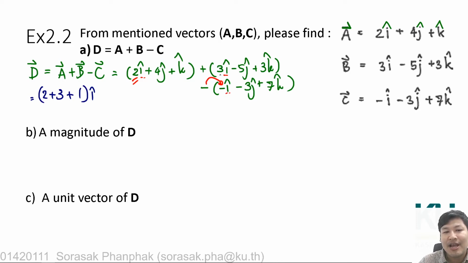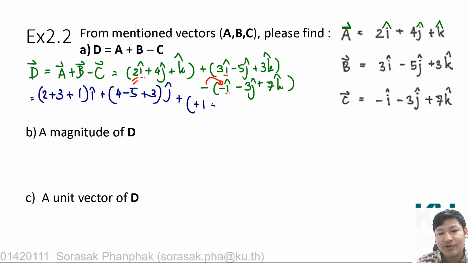How about the j components? Do the same. You group it up and see 4, minus 5, and plus 3. And the final one is the z component, with the k component in the z direction. So you get plus 1, you get plus 3, and you get minus 7 for k.